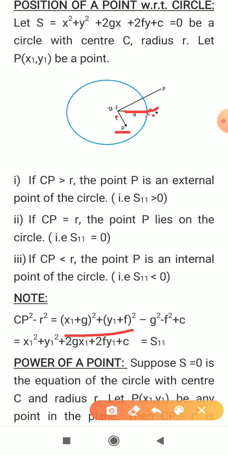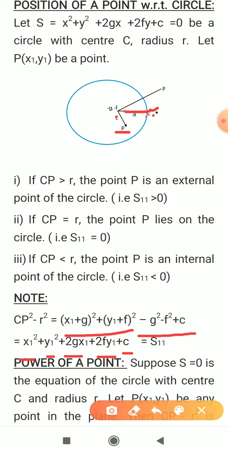But here it is minus R square, so multiplying R square with minus, we have minus g square minus f square plus c. So this is x1 square, we write here. In this, g square minus g square cancel. 2gx1 is here. Here y1 square is here. f square minus f square cancel. From this, 2fy1 is here, plus c.